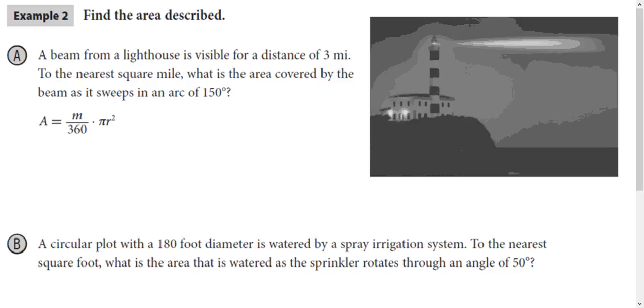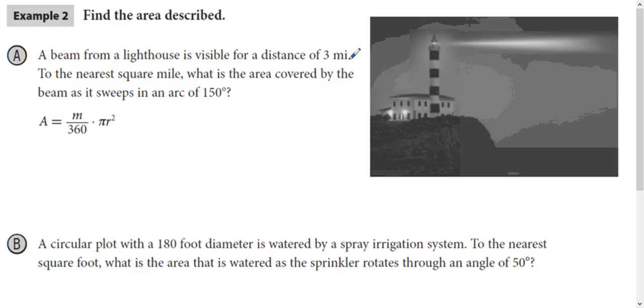So you can also apply these to some real life problems. If you want to look at how much area a lighthouse makes visible, you could apply this problem. The beam from a lighthouse is visible for a distance of 3 miles.